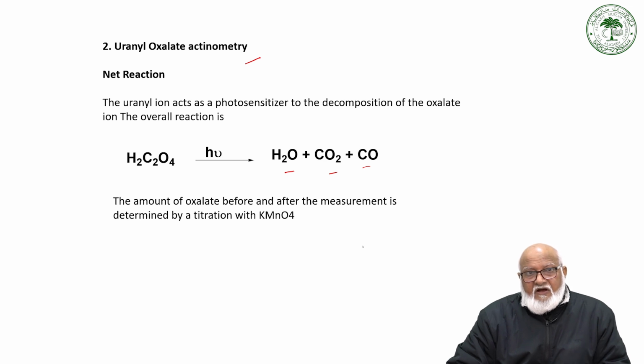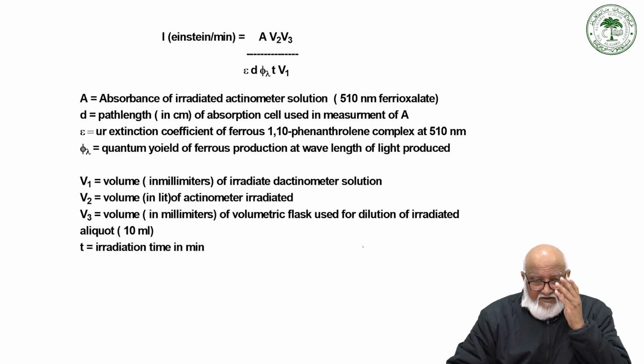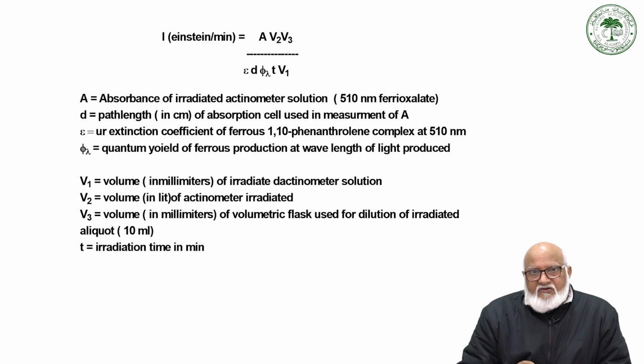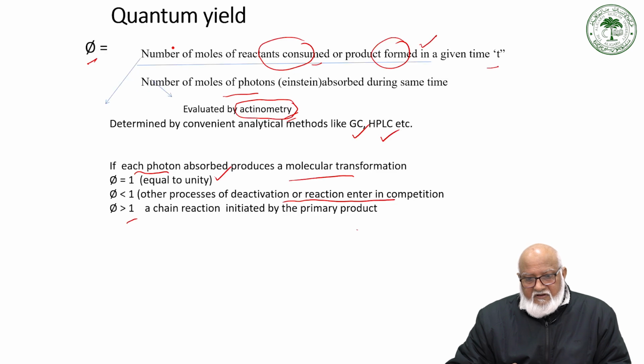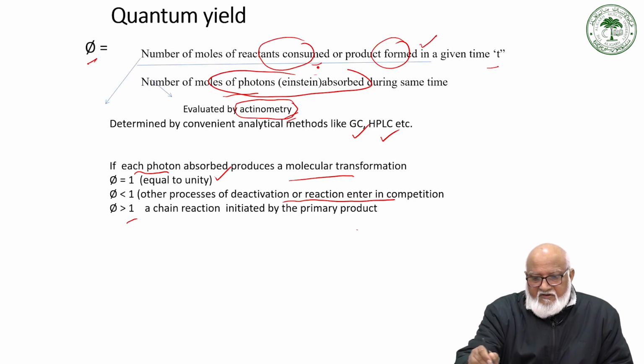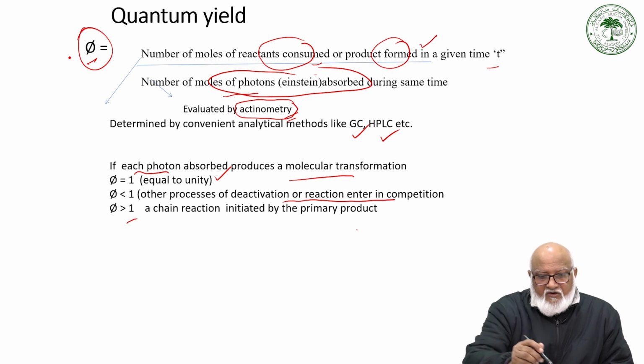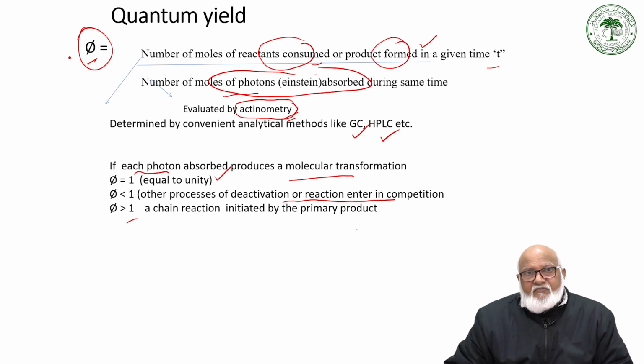And after doing this experiment, the I, that is the Einstein per minute, can be determined, where A is the absorbance, and these are different parameters which we can put in and then find out how much is the I, this particular parameter, and then we can determine what is the quantum yield of any photochemical reaction.